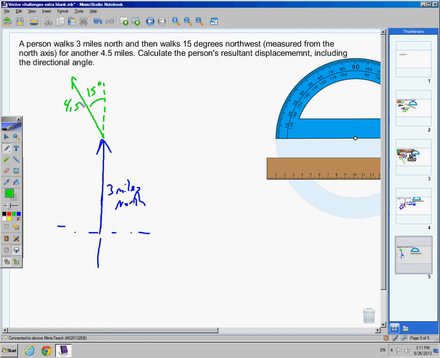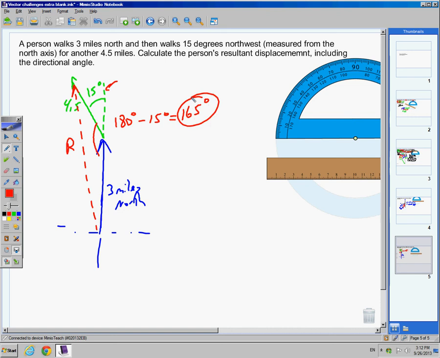And so I'm now going to draw my resultant. The arrowhead's going to be right here. I'm looking for R. Again, using law of cosines, I'm first going to need to know angle C, which is located right here. A straight line is 180 degrees. 180 degrees minus 15 degrees, which is right here, equals 165 degrees. So that's the angle C.